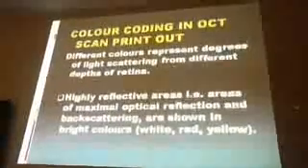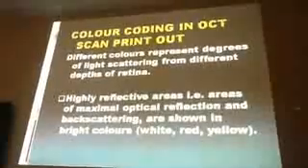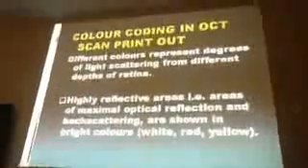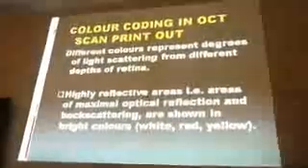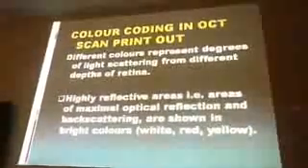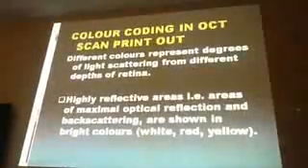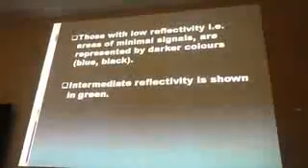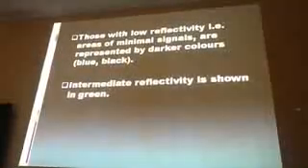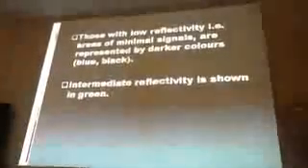Now this color coding in an OCT scan printout: different colors represent degrees of light scattering from different depths of the retina. Highly reflective areas, that is areas of maximal optical reflection and backscattering, are shown in bright colors: white, red, yellow. Those with low reflectivity, that is areas of minimal signal, are represented by darker colors, blue, black.